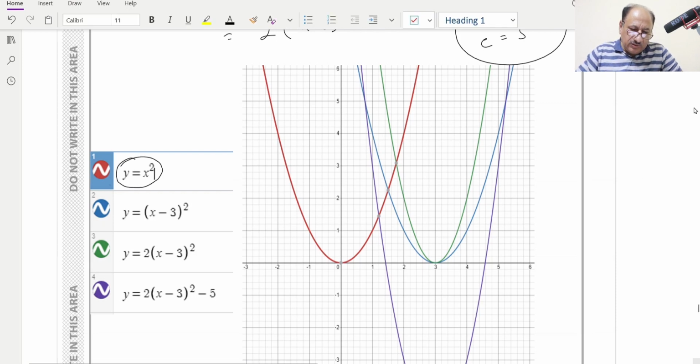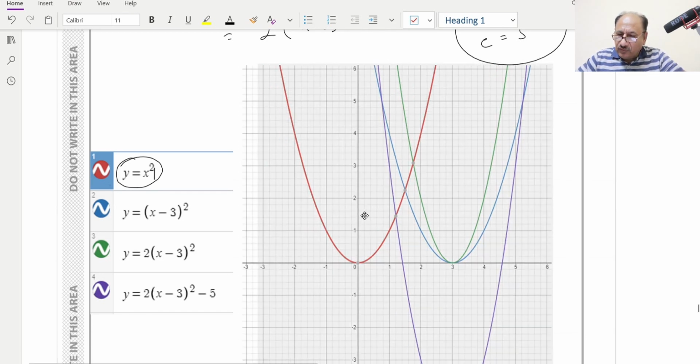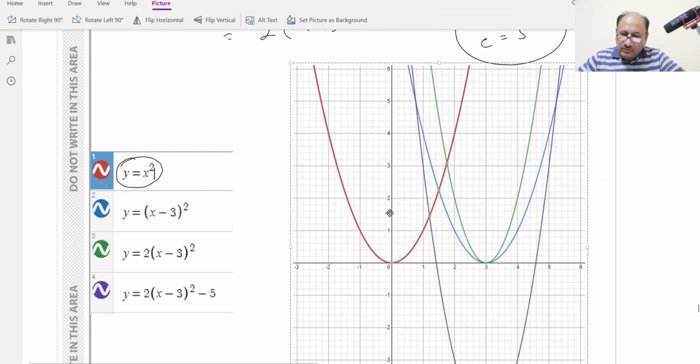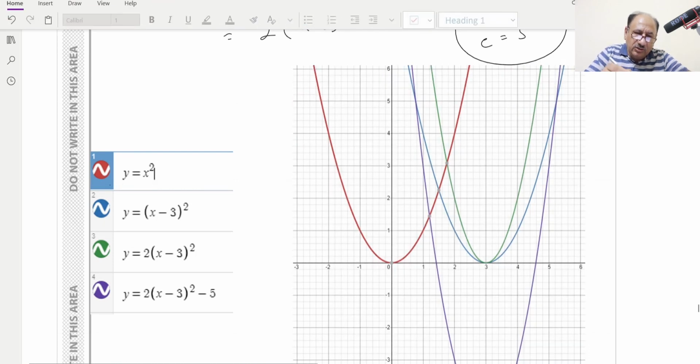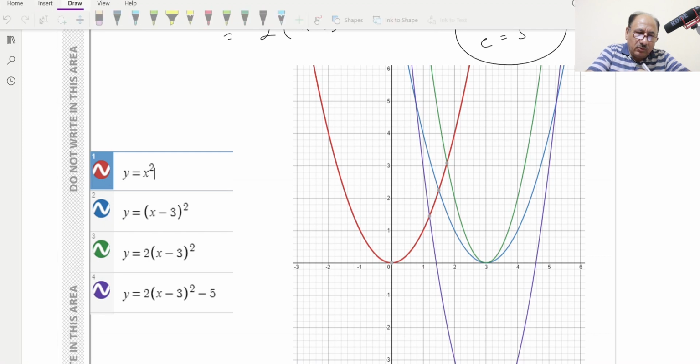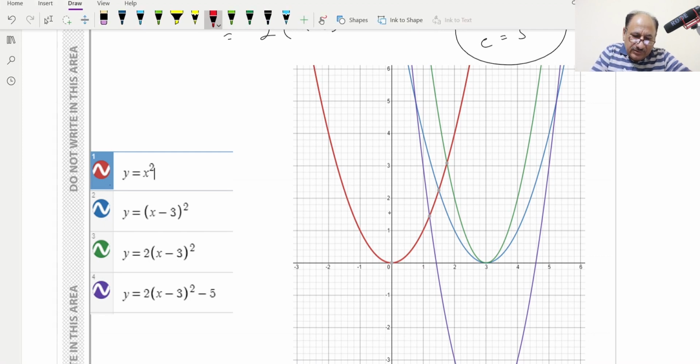So x squared is basically the parent graph, which is this red graph. This is the parent graph which we'll be using to understand the transformations. This red one is the standard graph.